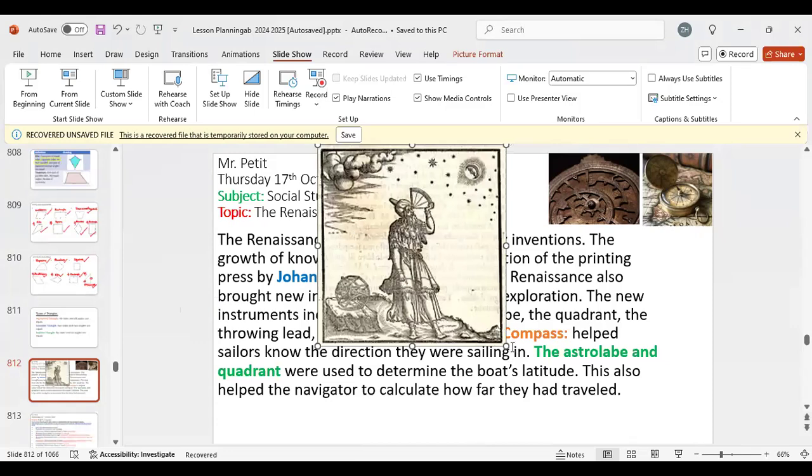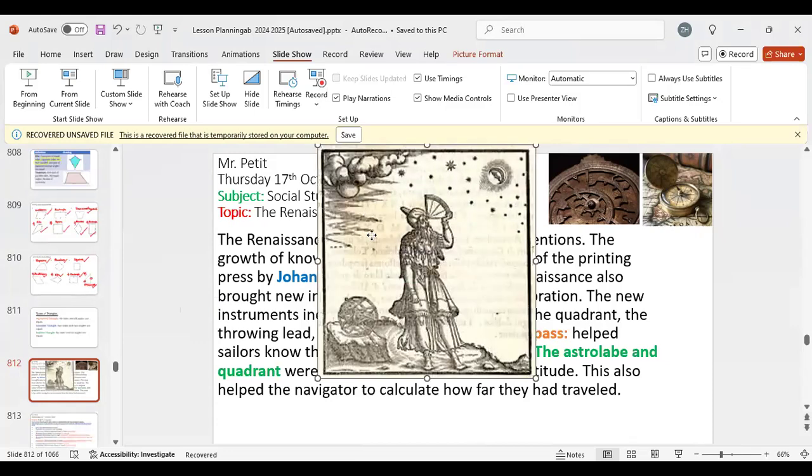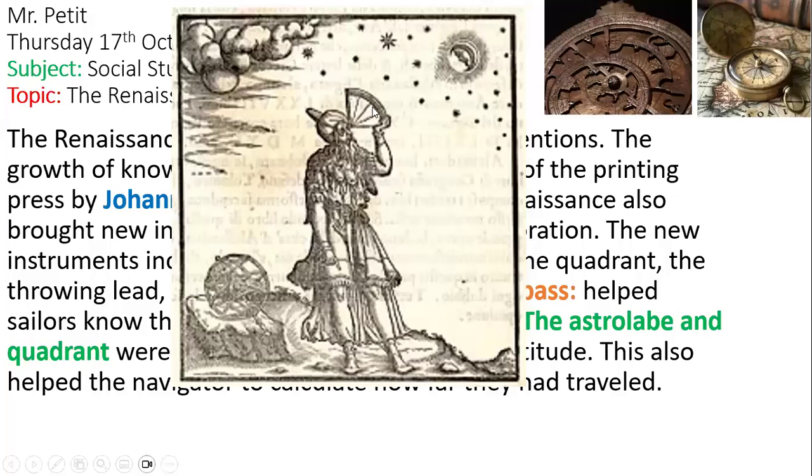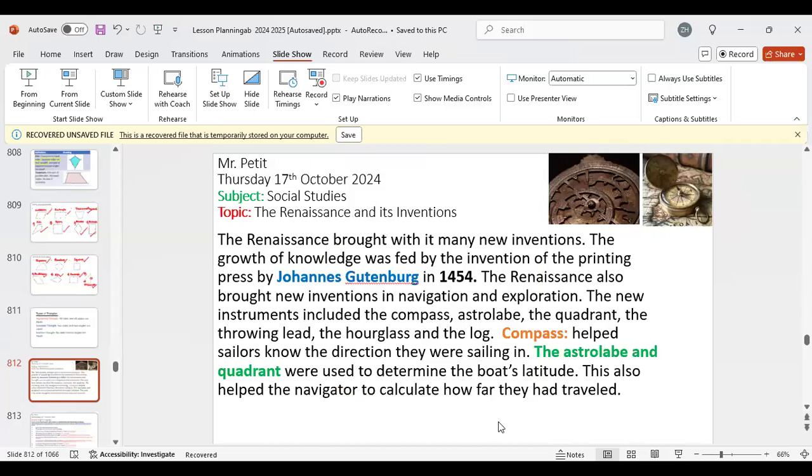The quadrant is what he has in his hand that he's looking through. That's the quadrant. It's also used for determining where we are, like where in the world are we?